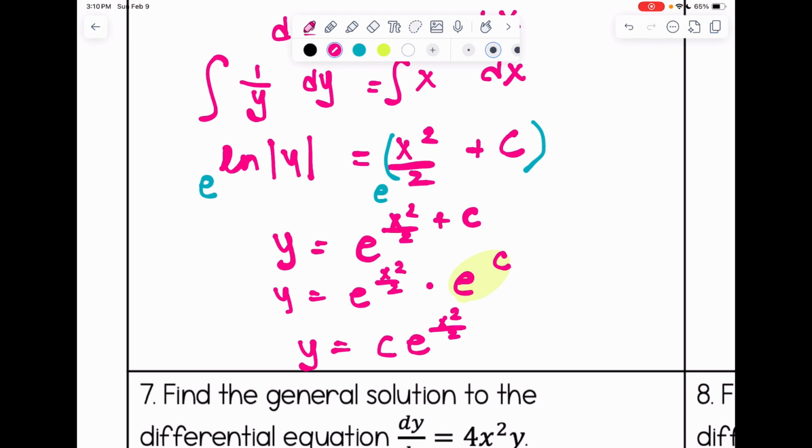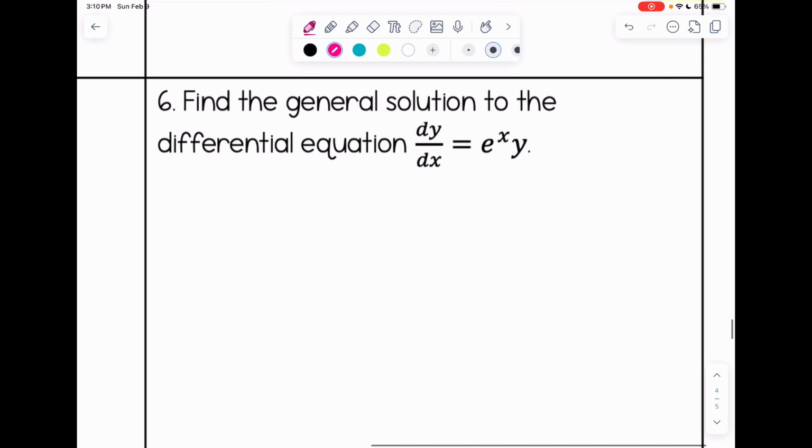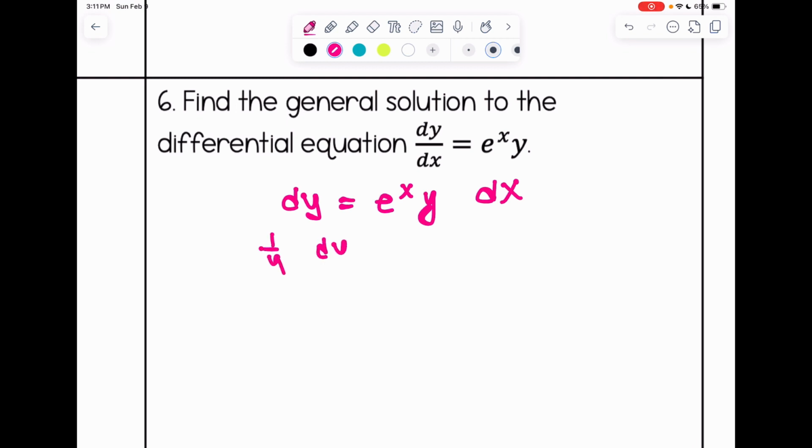So let's practice another one that looks like that so we can get the hang of it. dy/dx equals e to the x times y. So again, the steps will get repetitive a bit. Multiply both sides by dx. That did not successfully separate the variables, so I'm going to multiply by 1 over y.